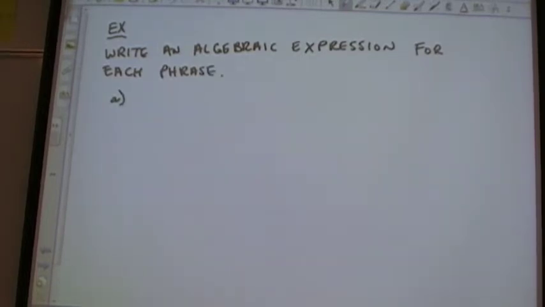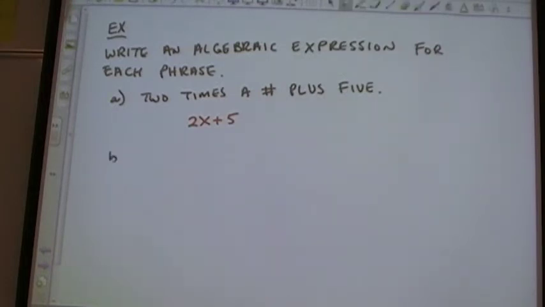A, 2 times a number plus 5. Now what would our answer be? 2 times a number plus 5. Robert, 2x plus 5? Very good. 2x plus 5. You're using x as your variable. Y'all can choose what variable you want. Okay, A through Z.